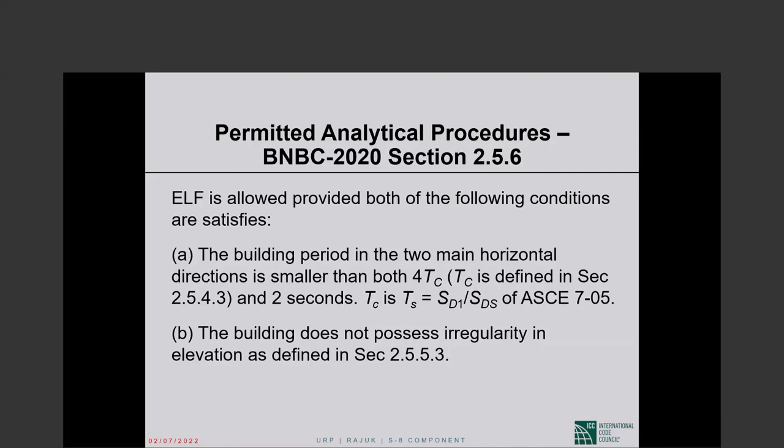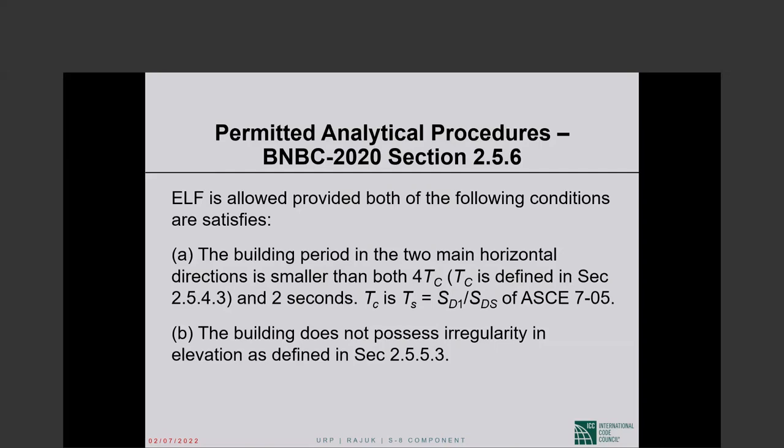So the building period in the two main horizontal directions is smaller than both 4 times T sub C and 2 seconds. It has to be smaller than 2 seconds. Okay. And the other condition is the building does not possess irregularity in elevation as defined in 2.5.3. No vertical irregularity.